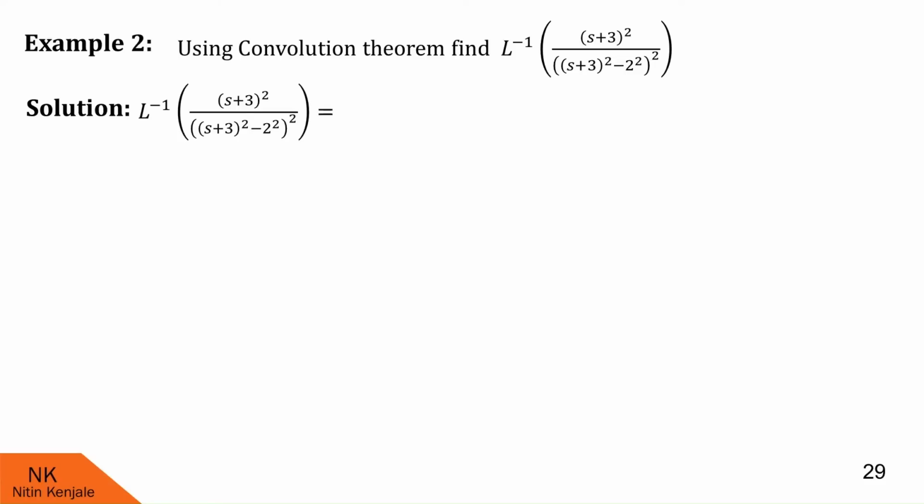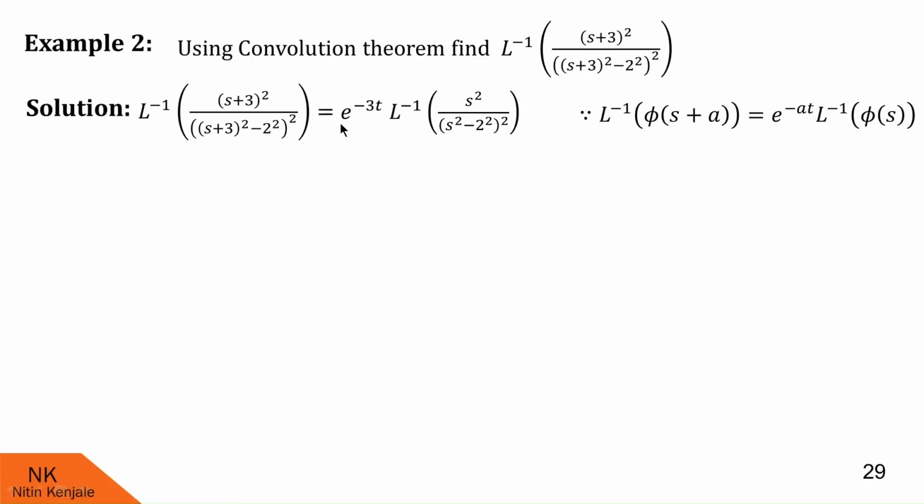According to the first shifting theorem, L inverse of phi of s plus a is given by e raised to minus at into L inverse of phi of s. And in this case, a is 3. So L inverse of this function will be e raised to minus 3t into L inverse of s square upon (s square minus 2 square) the whole square.